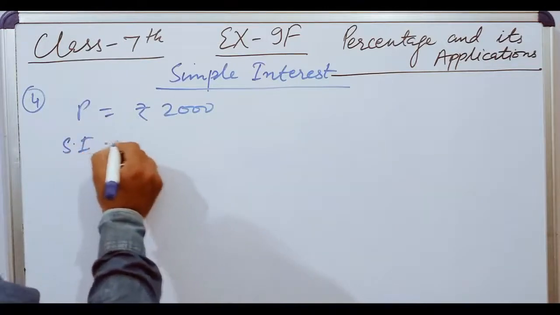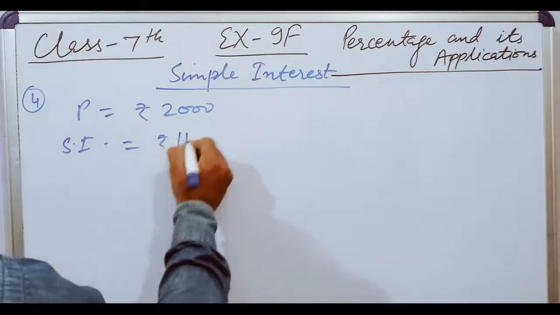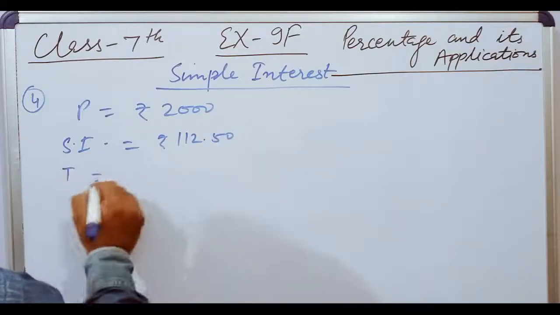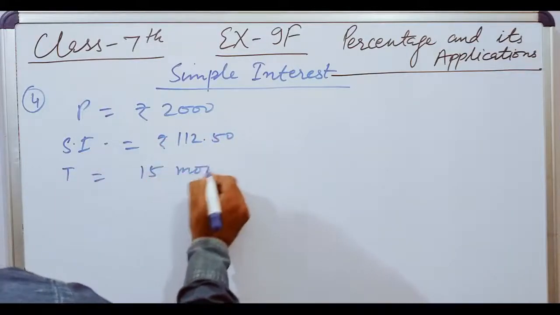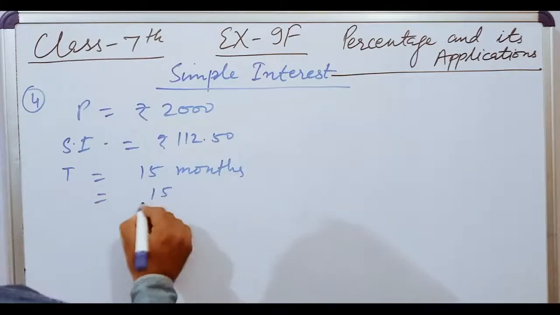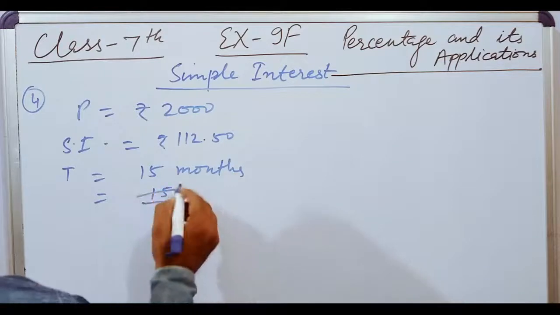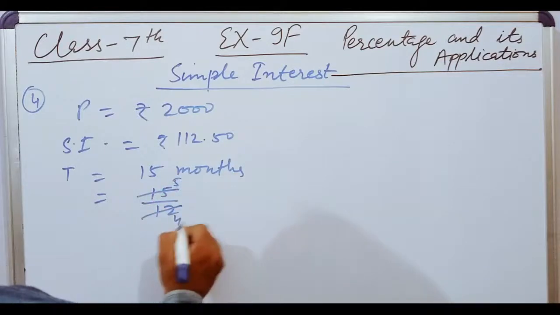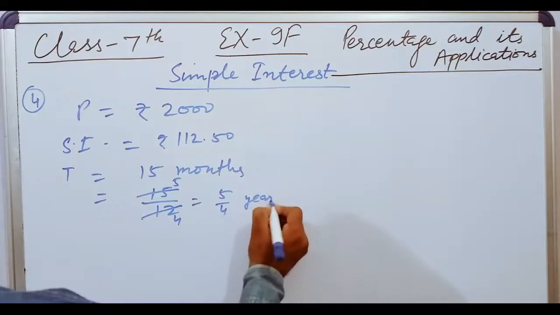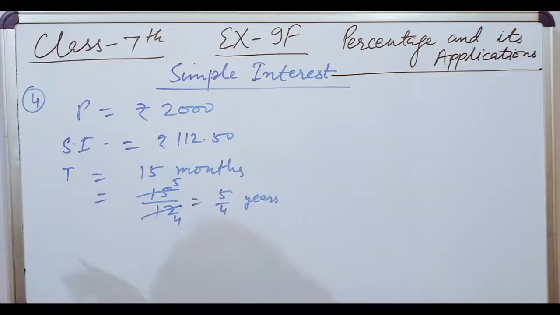SI equals rupees 112.50 and T equals 15 months. Dear students, we will convert it into years. Then it is 15/12, which is 5/4 years. Then we have to find the rate.